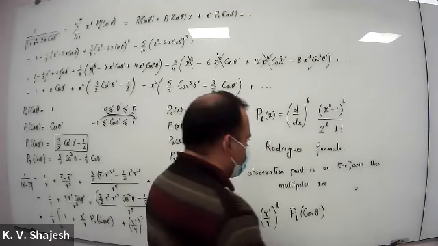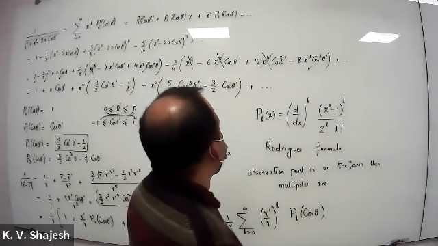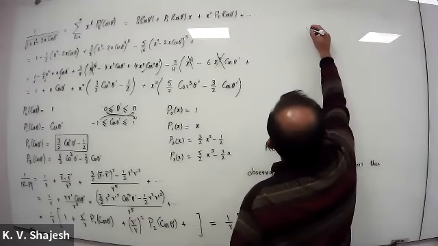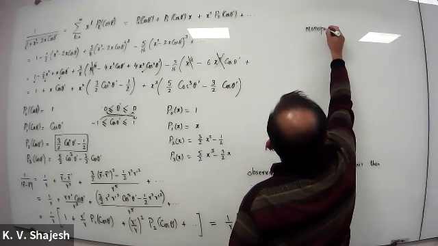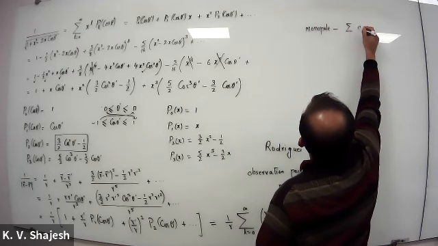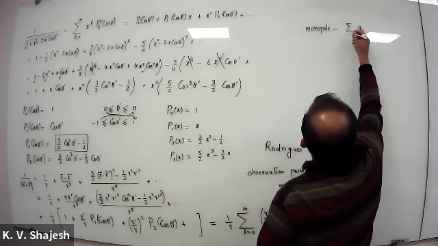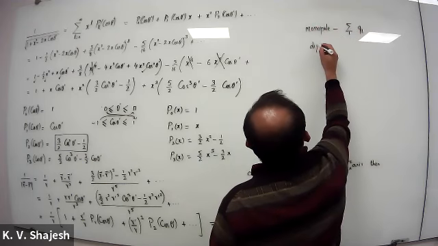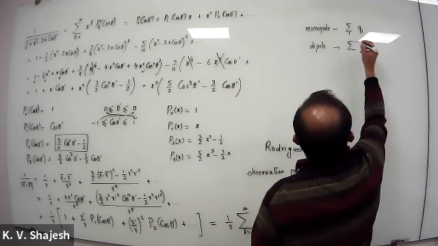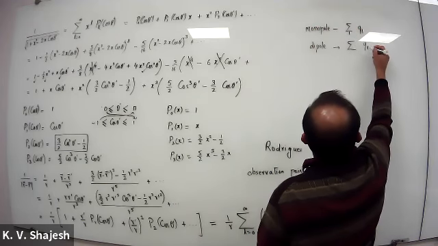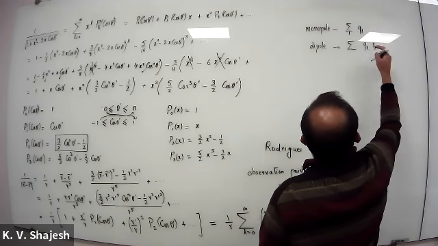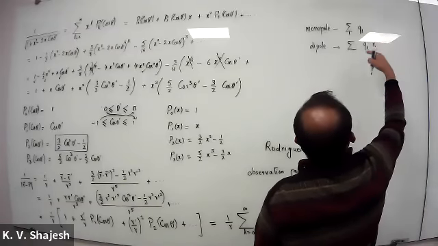What should I call multipole? So the monopole is q, right? So sum over q. Dipole is sum over q_i times r_i. Right? Q1, R1, Q2, R2, and so on.